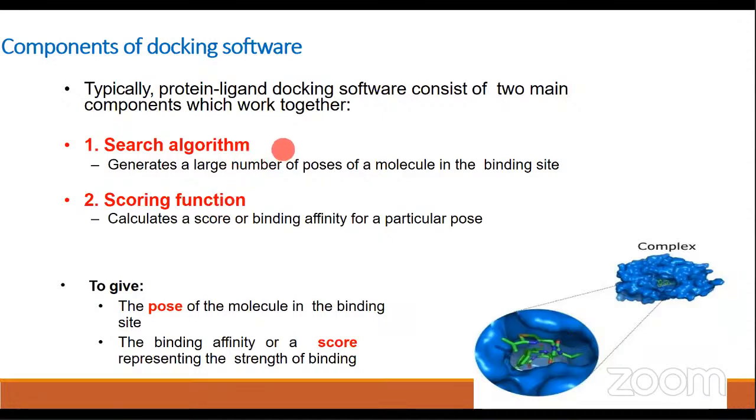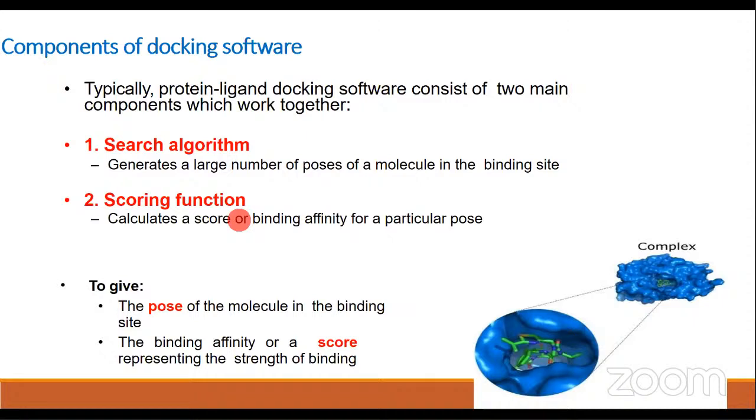Search algorithm is how it searches. For example, if we take a molecule, that molecule can generate a large number of conformations. How can it choose out of those conformations? How can it search all those conformations against the target? And how can it shortlist? That comes into the scoring function. So we have 100,000 conformations for one molecule. Out of that, how can it choose?